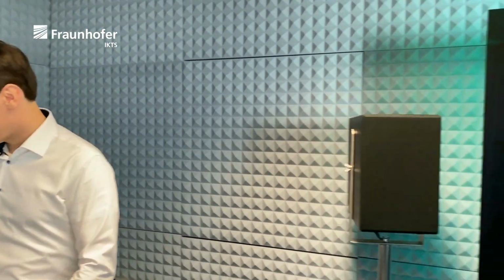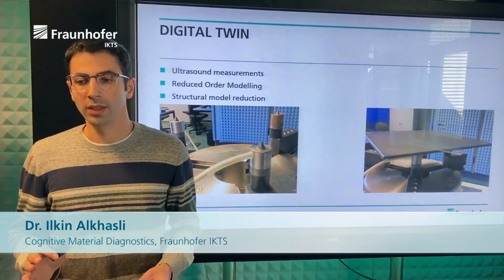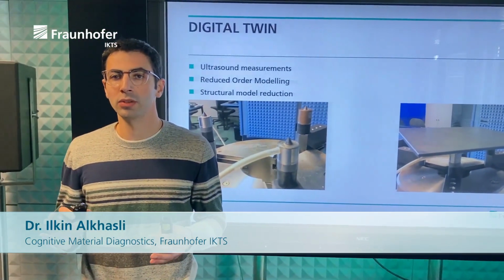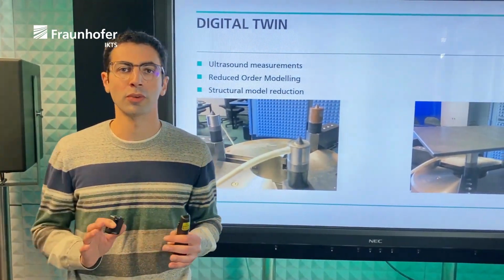In our next presentation, my colleague Ilkin will present to you a fairly new research field, the digital twin. Thank you, Sebastian. Digital twin is a fairly new trend in industry. It allows us to replicate, to mirror the real physical production devices on our computer.